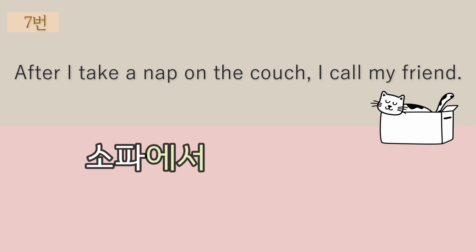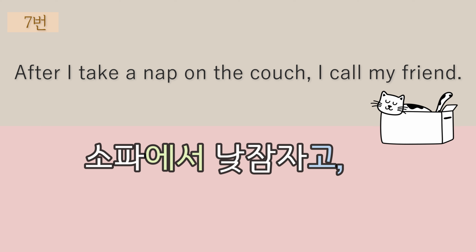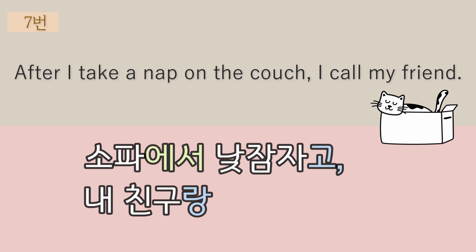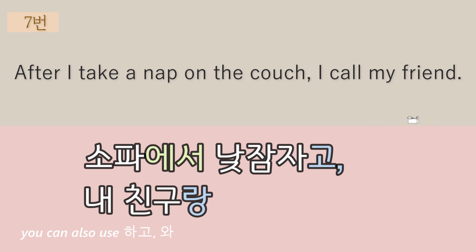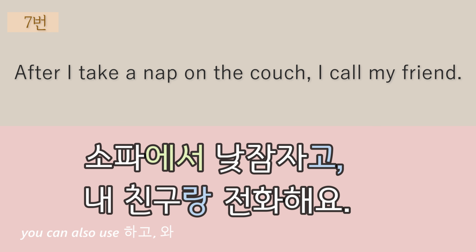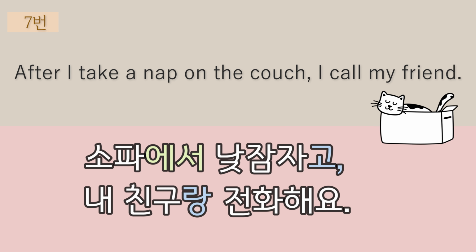Then after I take a nap, 낮잠 자고. Then my friend, 내 친구랑. Here in English, with is implied, but in Korean it needs to be said. 내 친구랑. To call, 전화해요. 소파에서 낮잠 자고 친구랑 전화해요.